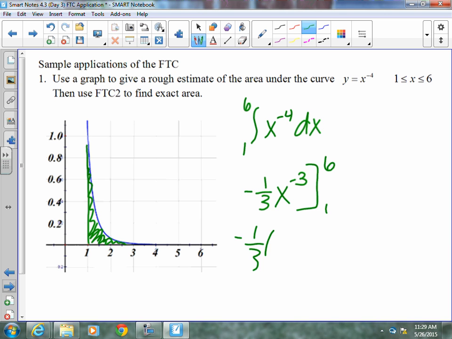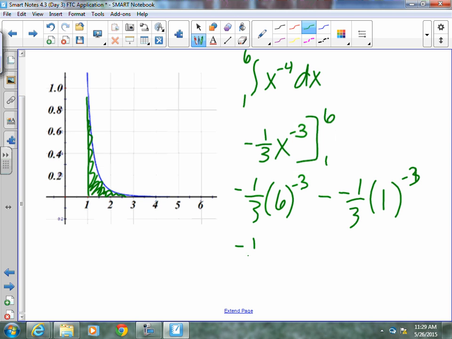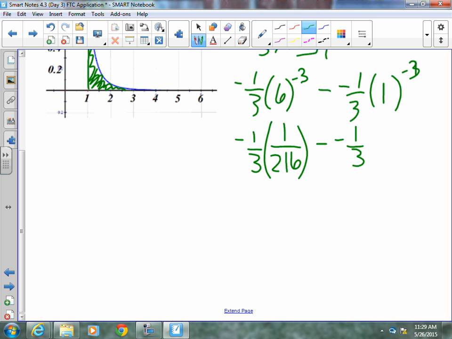So negative 1/3 times 6 to the negative 3rd minus negative 1/3 times 1 to the negative 3rd. 6 to the negative 3rd is 1 over 6 cubed, or 1 over 216, so we get negative 1 over 648 plus 1/3.